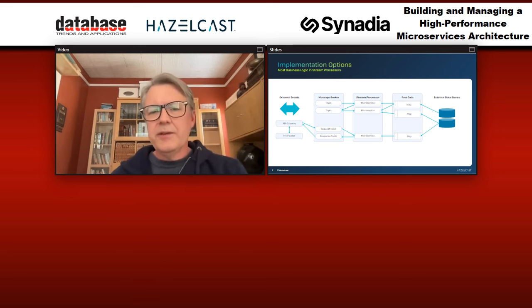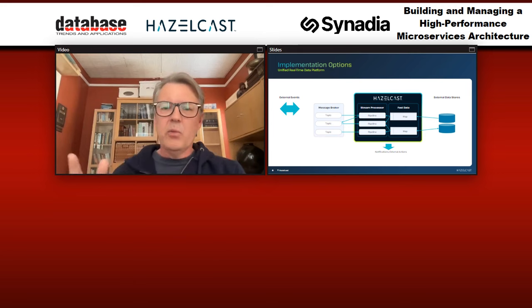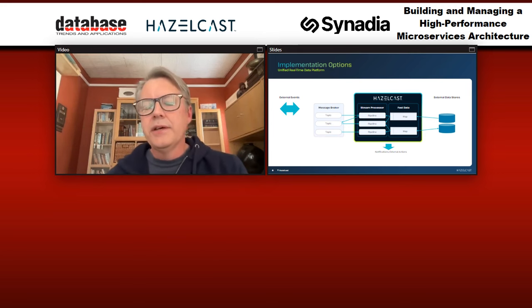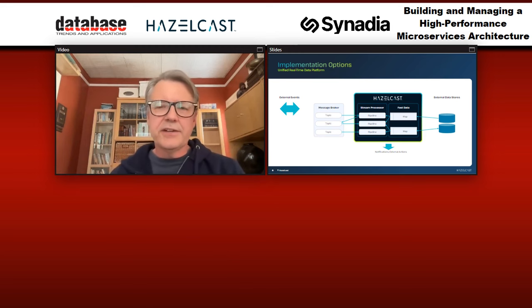And then the last thing, and this is where we're going to get a little bit more Hazelcast specific, but I think it's really important, is that these three vertical boxes here, this is kind of how the industry has evolved into categories, but it's not the only way to write software. So Hazelcast for more than 5 years has actually been combining a stream processor with fast data, and it does it in a smart way.